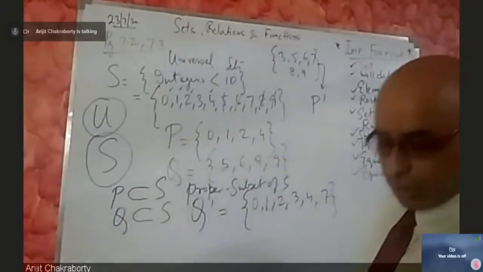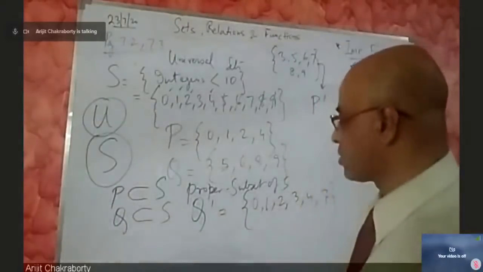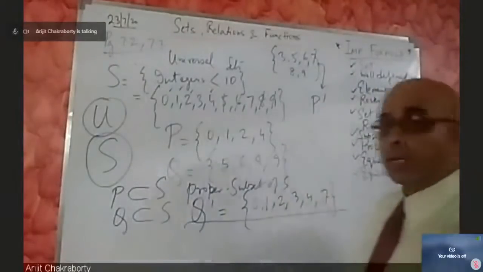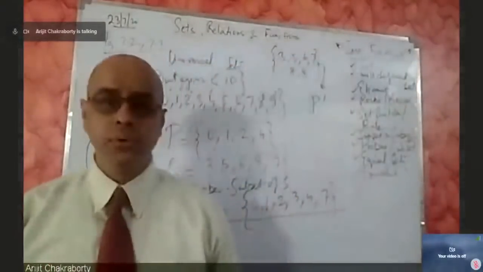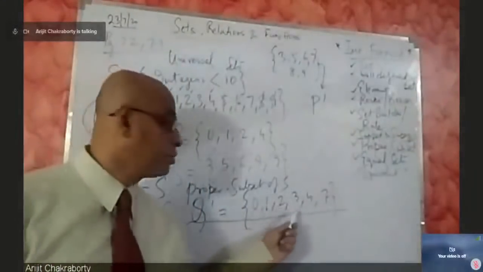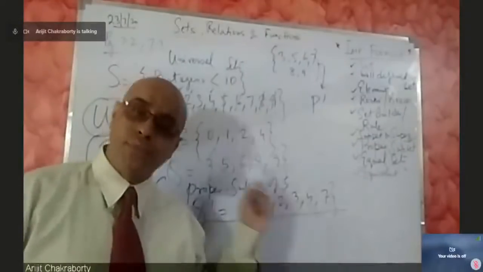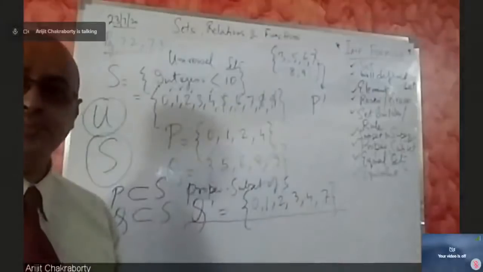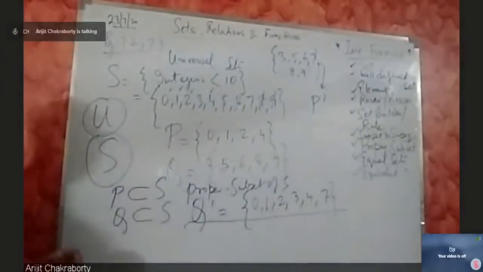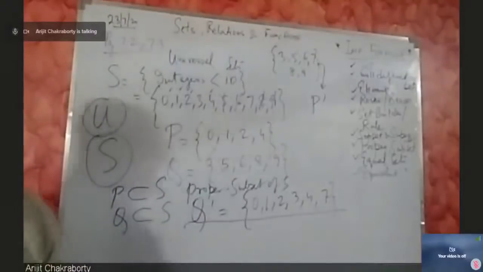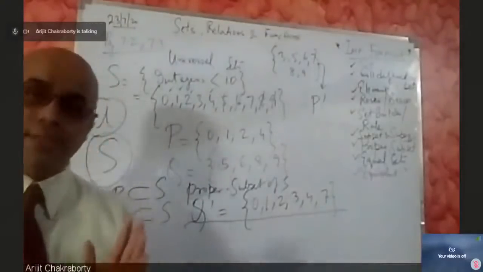So please note Q dash is 0, 1, 2, 3, 4 and 7, because the set Q does not possess the elements 0, 1, 2, 3, 4 and 7. But these elements are there in the universal set S.